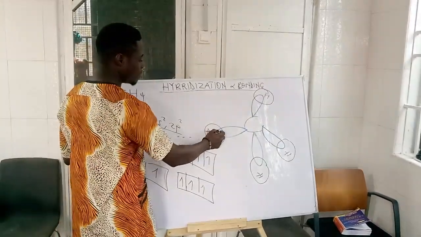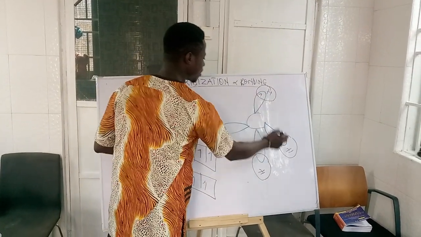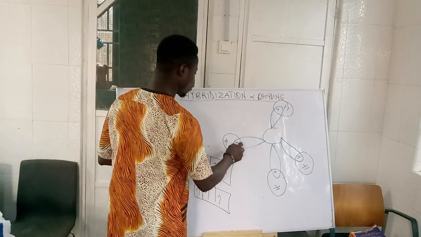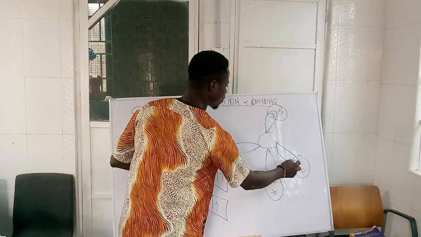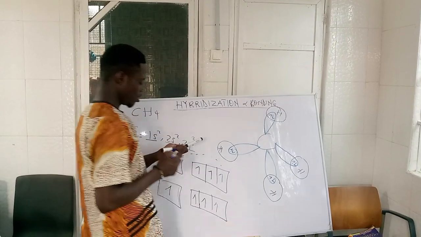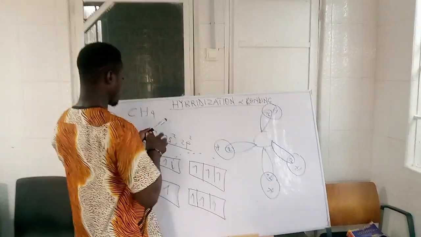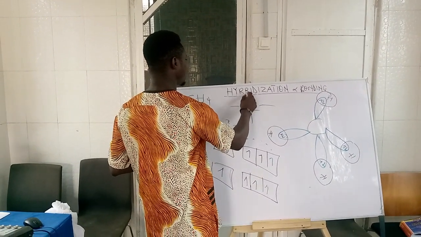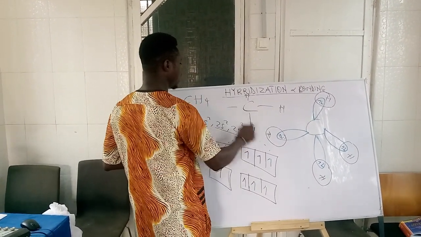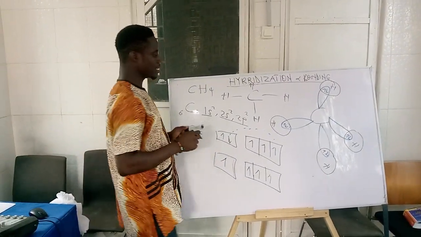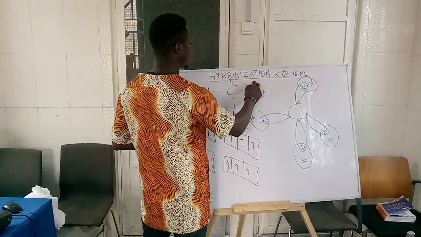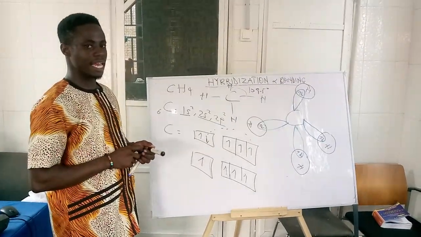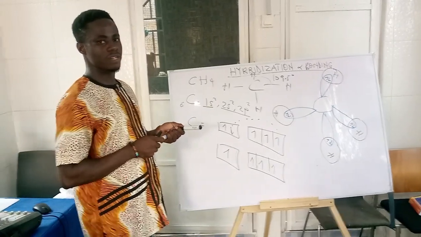The hydrogens will bring 1 electron each, and then the carbon will also pair up like this. So in actual sense, we have managed to form methane. It is having 4 covalent bonds like this. And the bond angle between these is 109.5 degrees, and it's a single bond. And then the shape of this is tetrahedral.